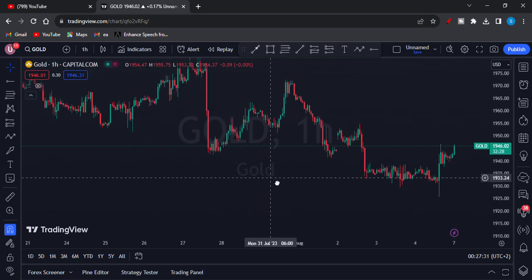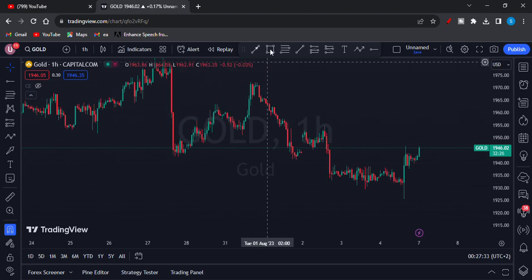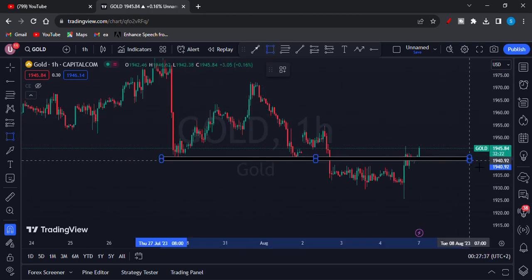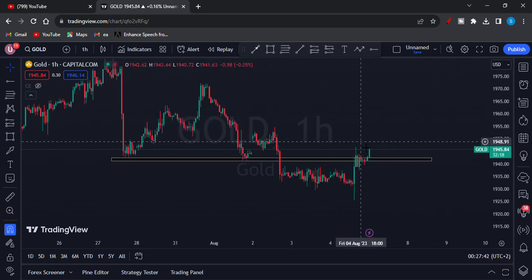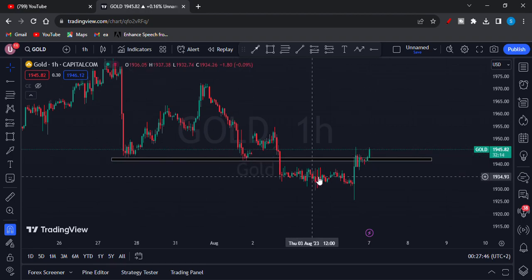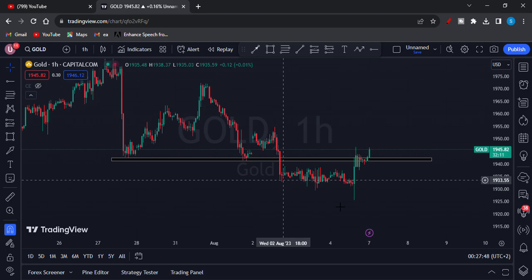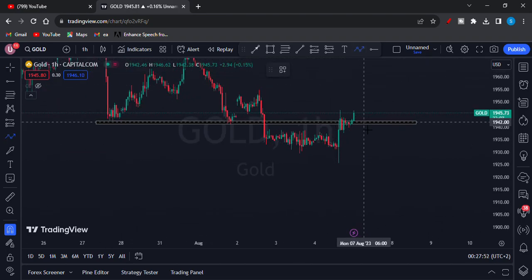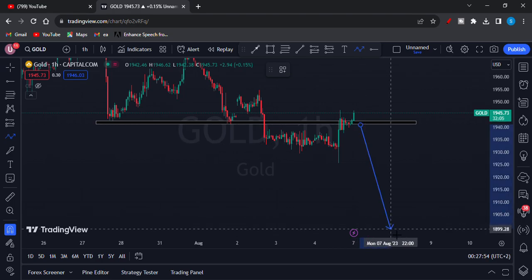So last week I analyzed that we have this zone right here, here being a support, here being a support, and then we finally broke our support. I was actually waiting for the market to go all the way down, but that didn't happen.